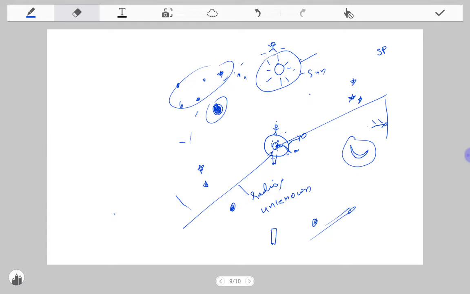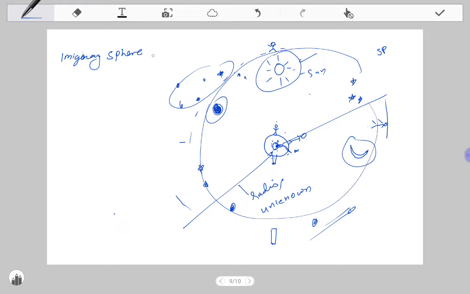So the actual definition of a celestial sphere is that it is an imaginary sphere, because there is no actual sphere in space. An imaginary sphere around the earth. So this is our earth and it is around the earth.